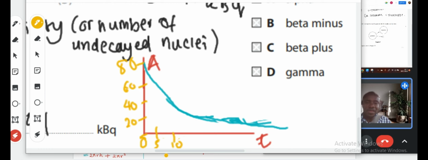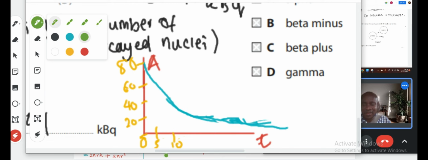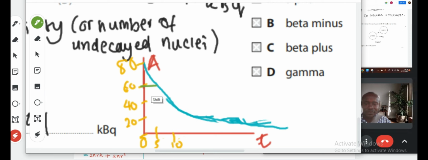What's the half-life of this particular radioactive substance that is represented in this curve? Can you figure out what I've drawn? So what's the half-life?